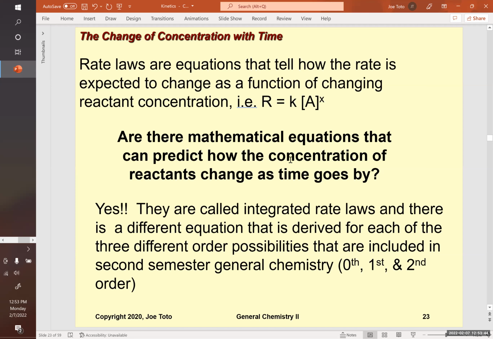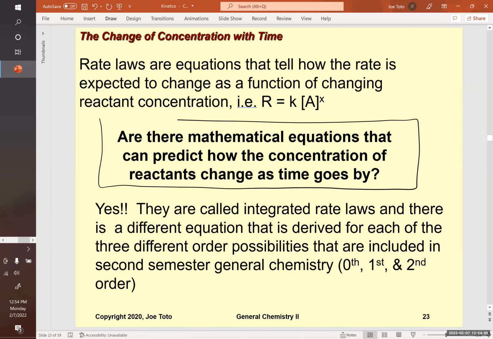All right. Now what we want to do is think about what those rate laws are and how we might be able to get some more information from them.